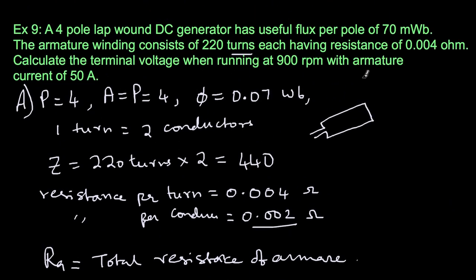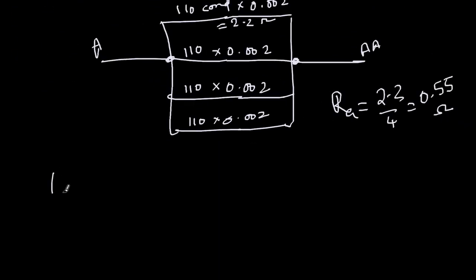Alright. So calculate the terminal voltage. We're running at 900 rpm, so speed is 900 rpm with armature current of 50 amperes. So IA is 50 amperes. First I want to find the EMF generated. EMF generated is nothing but phi Z N P by A 60.